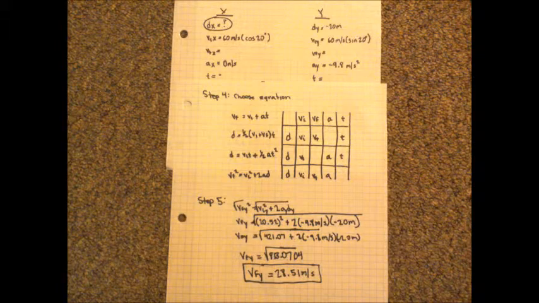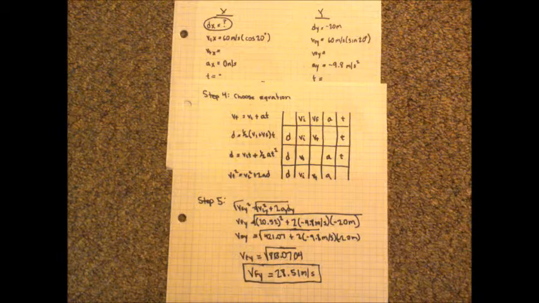So what I did in step number 5 was use the 4th equation to solve for VFY squared. The first thing I did was square root VFY squared to get rid of the squared, and I had to do it to the right side too, because whatever I do to the left side, I have to do to the right side. Then I just plugged in all the values: VIY is 20.52, AY is negative 9.8, and DY is negative 20.